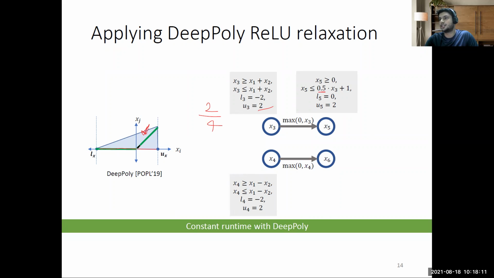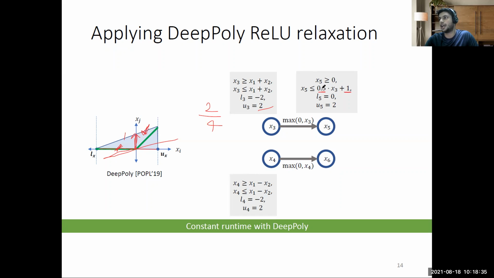And essentially you are shifting this line upwards here, because this line passes through the origin and has a slope of 0.5, and you have to shift it upwards. This height is equal to the slope times this length, which is 0.5 times 2, which equals 1.